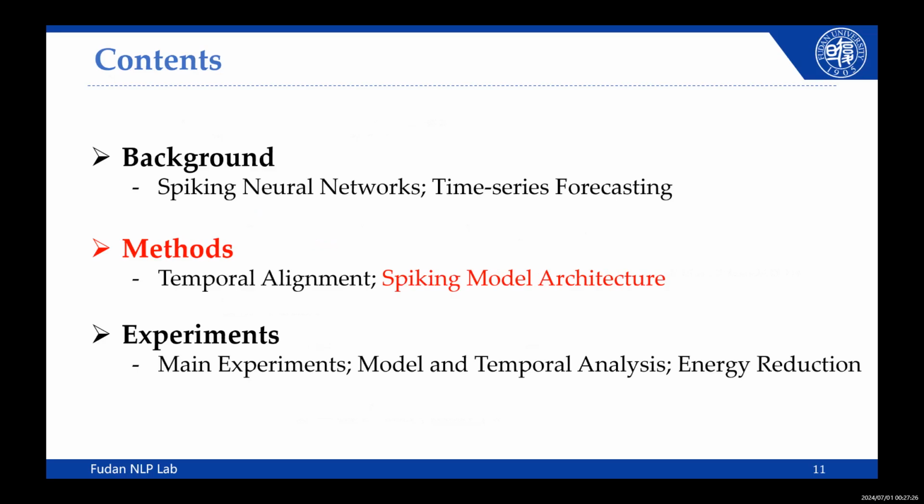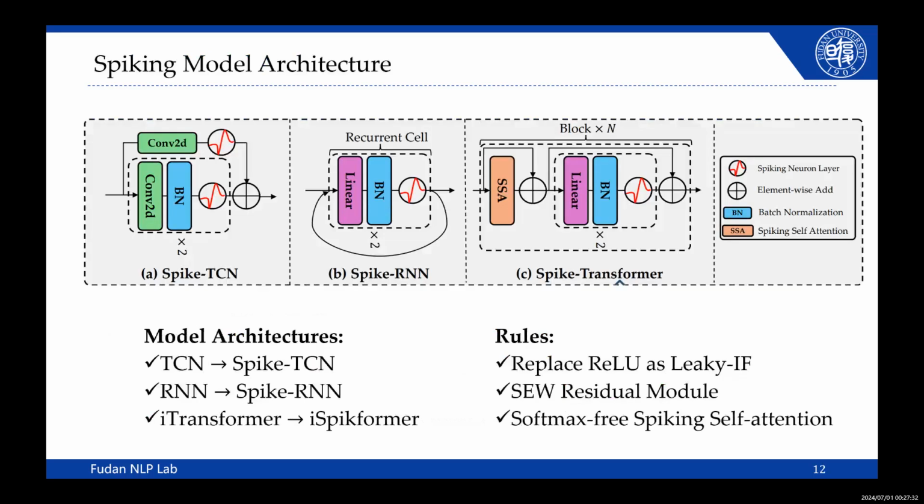Then we will introduce how we modify SNNs from classical ANNs. We convert three types of ANNs tailored for time series data to their SNN counterparts: TCN, RNN, and the current SOTA iTransformer, which is accepted by ICLR 2024. As well, we also follow these basic rules of ANN to SNN conversion methods.